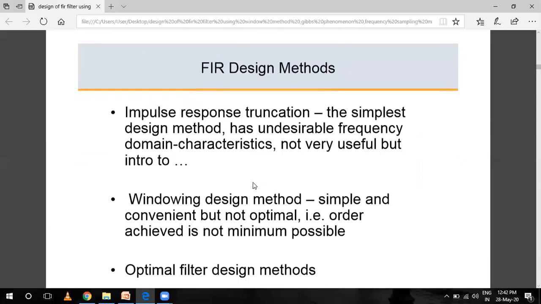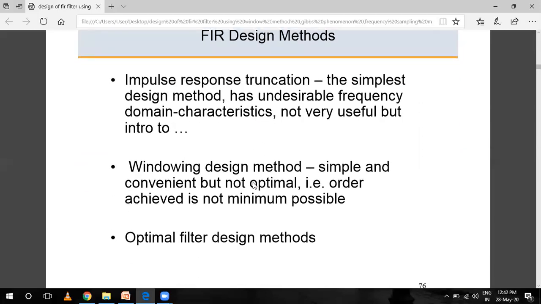Now the FIR filter design methods. The first is impulse response truncation, the simplest design method, which has a desirable frequency response but frequency domain characteristics that are not very useful. Basically, this impulse response truncation is not useful for our designing of FIR filters, so it is not important.